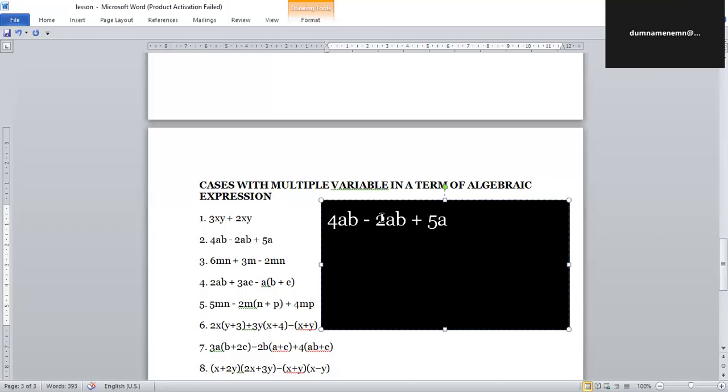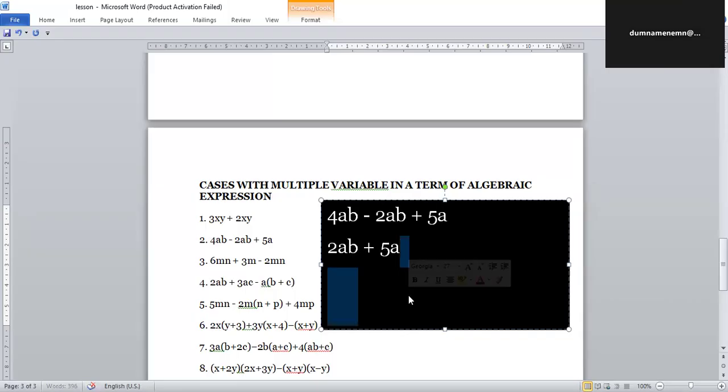So we can only simplify this one. The one with a, there's no b, so we're just gonna leave it like that. So 4ab minus 2ab, you're gonna have it to be 2ab plus 5a. We cannot add 5a to this 2ab because there's no b with 5a. So this is actually going to be the final answer.